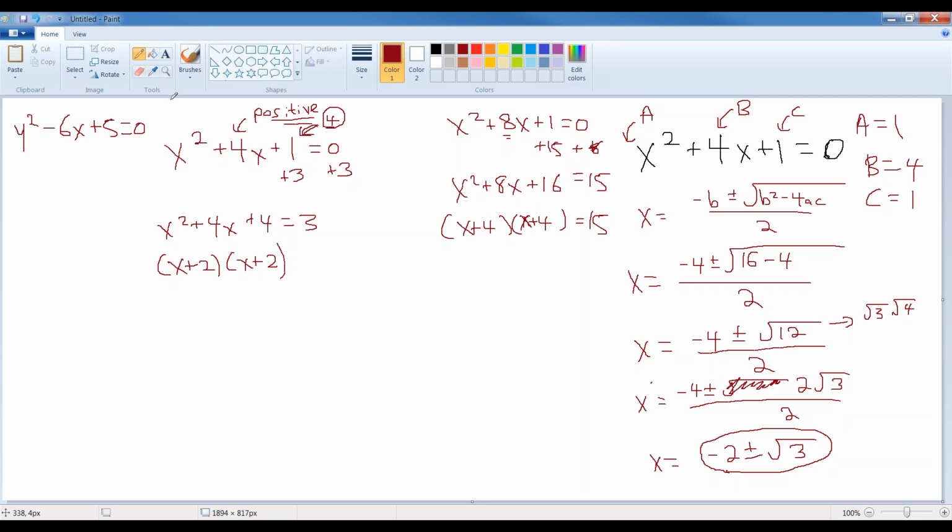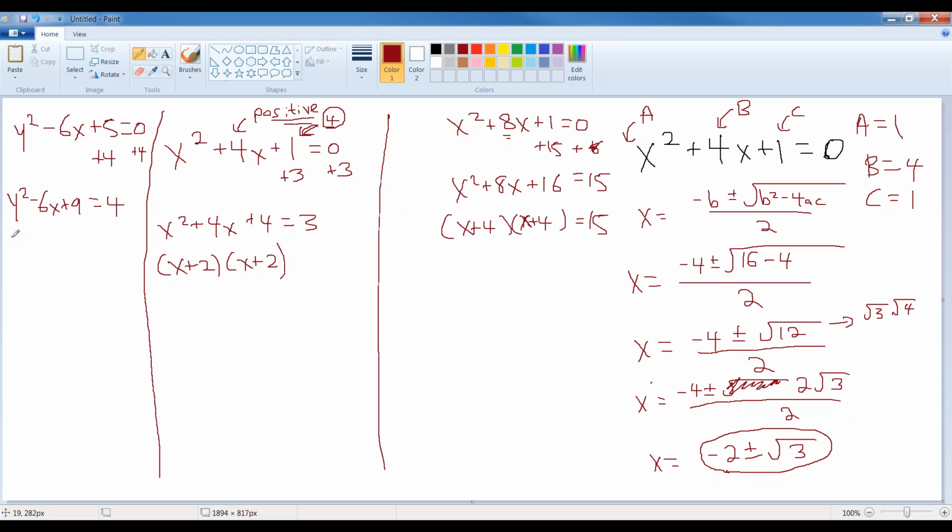Let me make these separate areas. We'll solve them all. I want to square the negative 3, and you'd get positive 9. If this were a positive 9, it would work as well. How do we get this into a positive 9? No problem. Just add 4 to this side, and of course you have to add 4 to that side, and you get y squared minus 6x plus 9 equals 4.